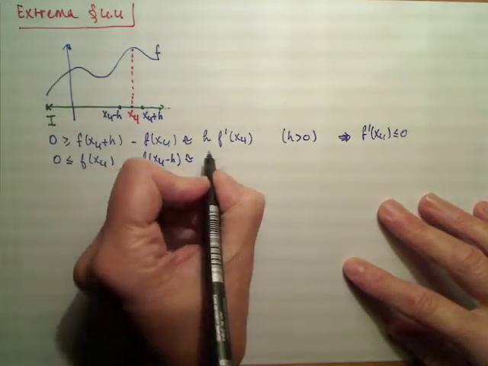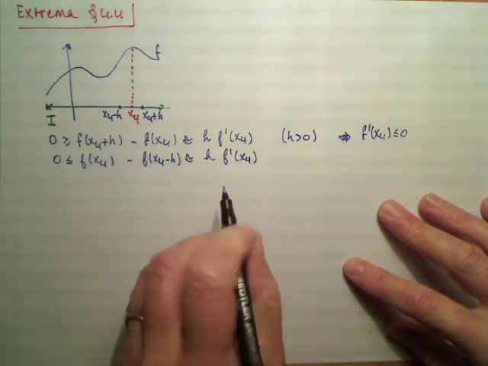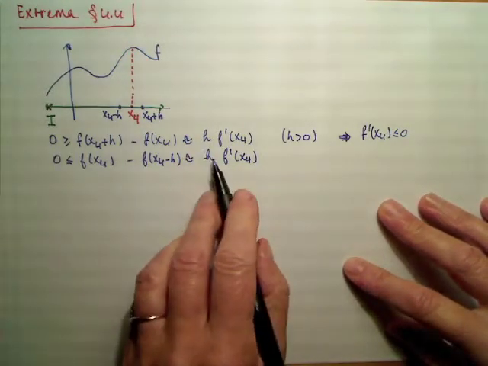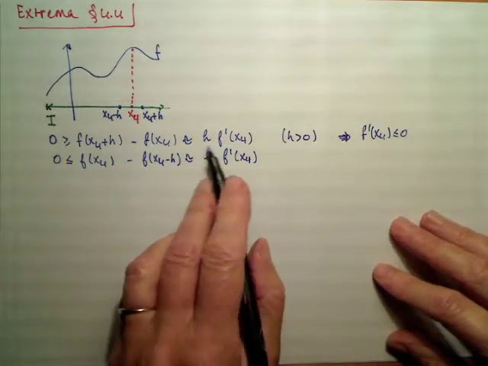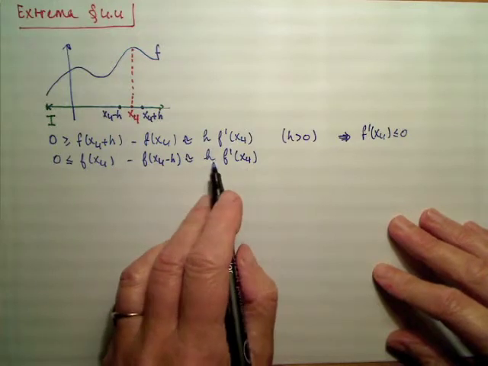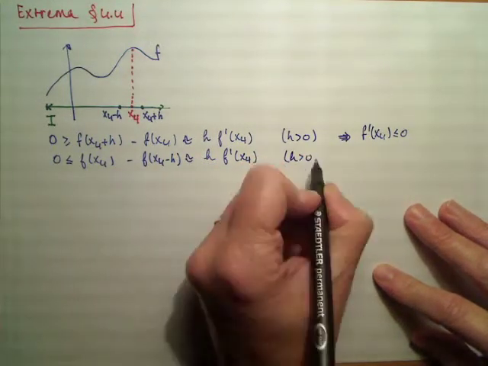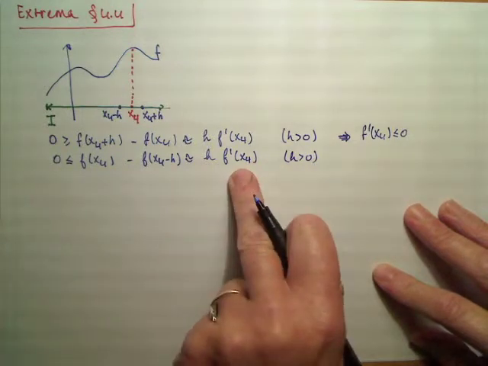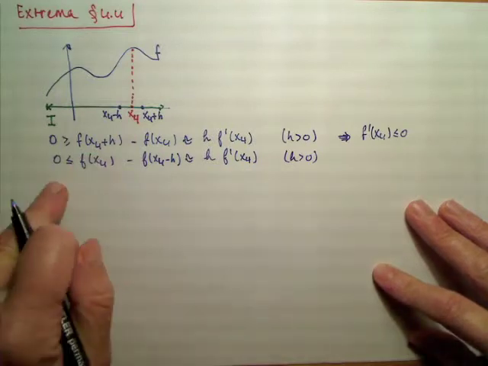Again, this difference is approximately equal to the value of the derivative at x4 multiplied by h, and since we have again chosen h to be positive, we find that the derivative of f at x4 is greater or equal to 0.